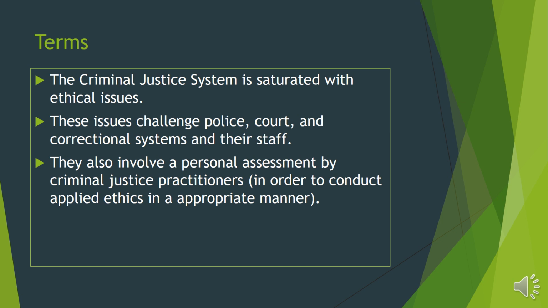Then they may or may not be deferred to court processes, and following that, some sort of correctional system, which includes institutional corrections of prisons and jails, and community corrections of parole and probation. It also includes things such as the health and well-being of staff who work in these systems.